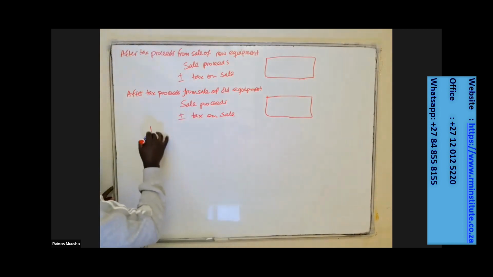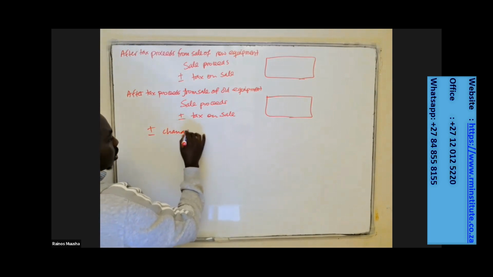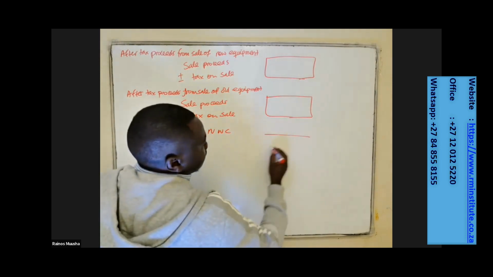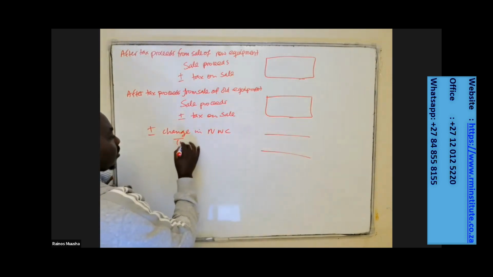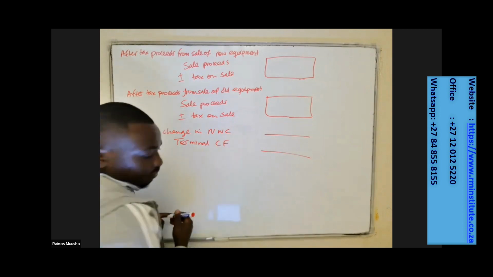Then we also say plus or minus the change in net working capital. And this will give us the terminal cash flow.